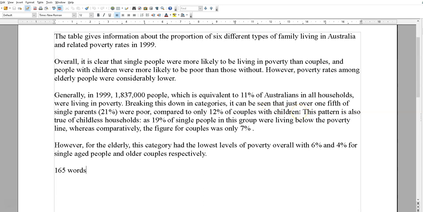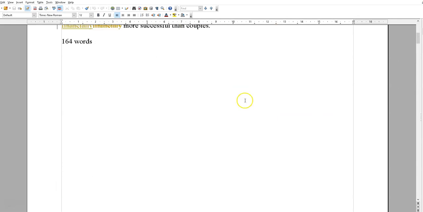This pattern is also true of childless households: 90% of single people, where the figure for couples was only 7%. And then, the last piece, however, the elderly, lowest levels with 6 and 4% for singles and couples, respectively. So, I've covered every single group, and it's only 165 words. So, relatively straightforward. Now, I've got a few to have a look at here.